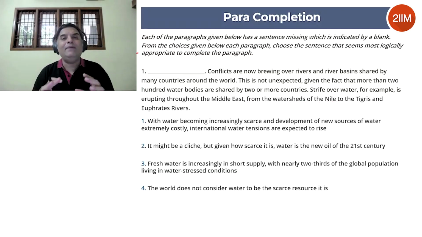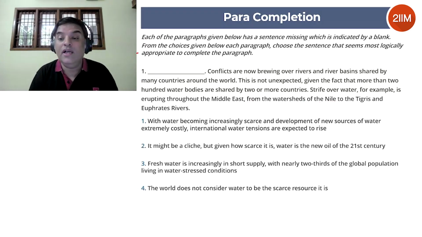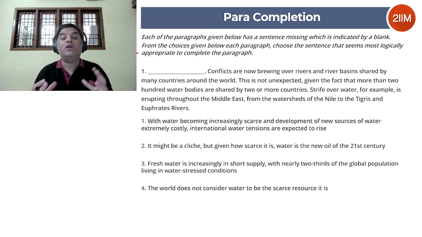Read the entire paragraph and you'll understand that it is focusing on water conflicts between different countries. Countries are fighting over water. And the author also says this is not unexpected, or in other words, expected, because these 200 water bodies are shared by 2 or more countries. So clearly that's the main idea of the paragraph: conflicts over water, conflicts between different countries.